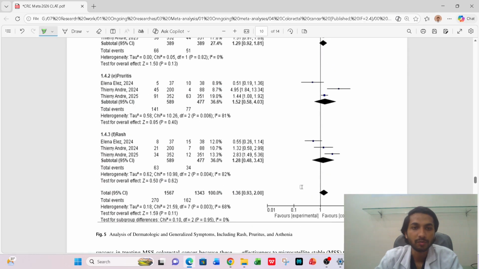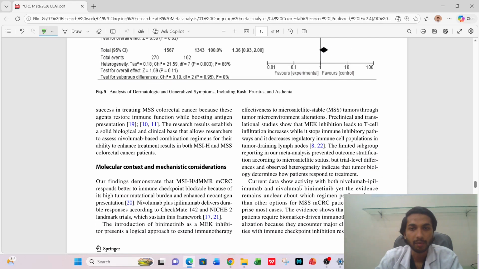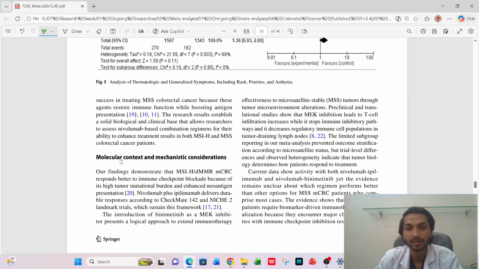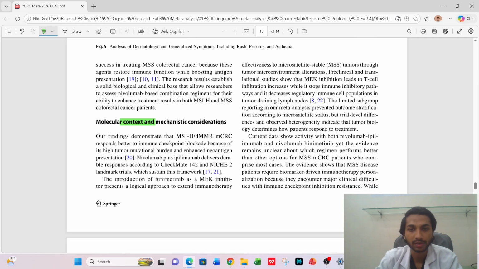So you have to mention the efficacy, you have to mention the safety outcomes, and then the other is the molecular context. Talking about molecular context, if there is another trial, like here they mentioned the Checkmate 142 and NICHE trials, these are the trials which are talking about the molecular context. So you have to discuss them in your discussion part as well.